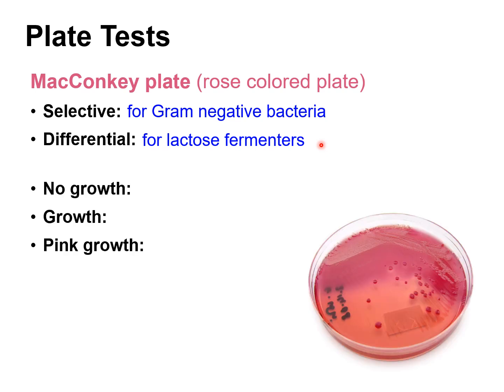First of all, you start off with the MacConkey plate, which is that rose color. If you see growth, notice how right here I see growth on my MacConkey plate, then I know right away it's gram-negative that's growing. Now, how can I tell whether it's fermenting lactose or not?